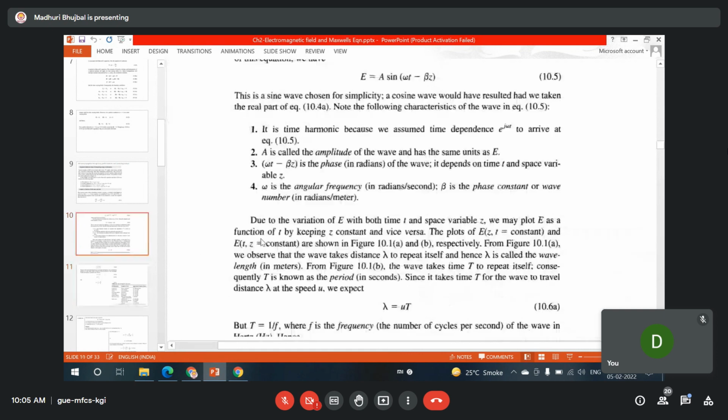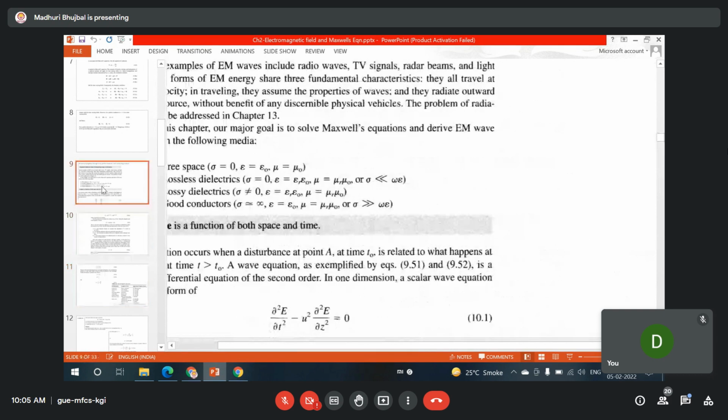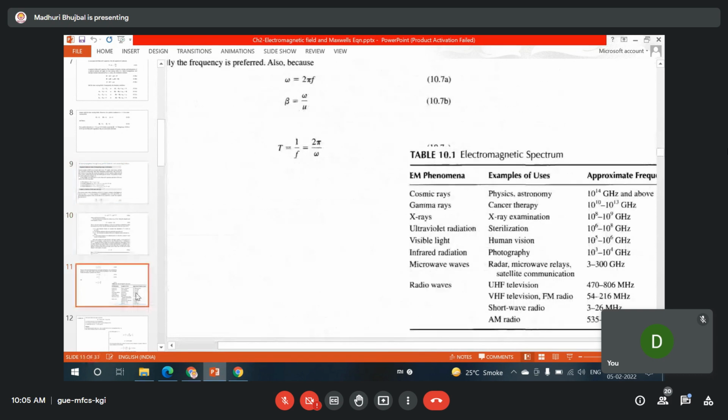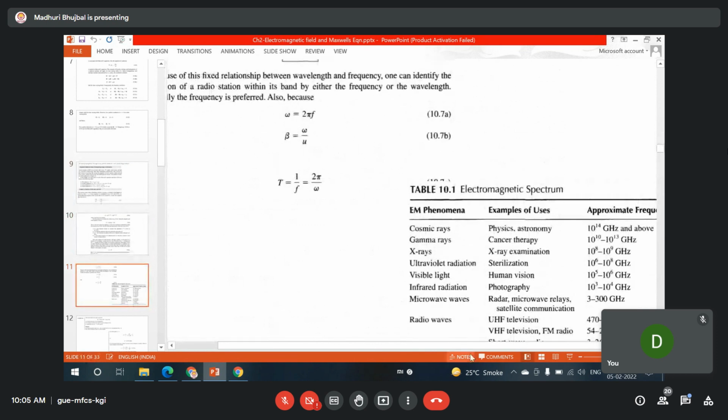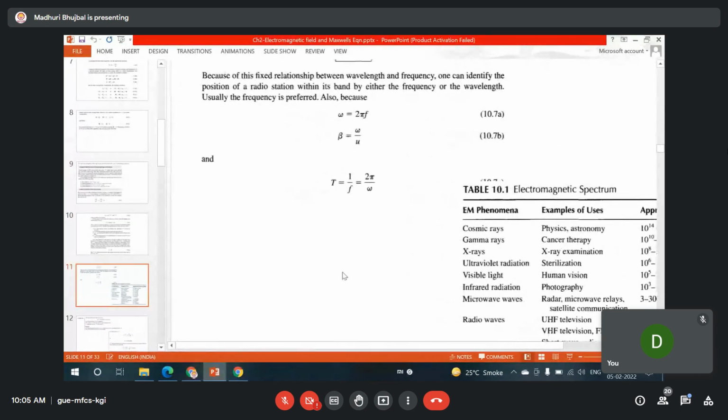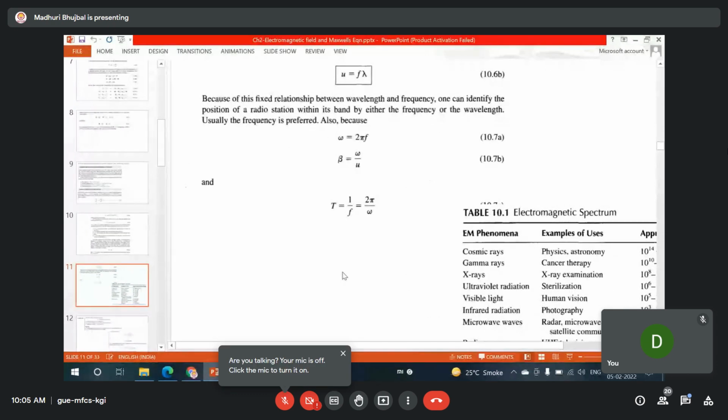Now write down u is equal to... In the previous equation that you wrote, do one thing: replace T, which was the time period, by 1/f and try to get 10.6b. Did everyone get it?